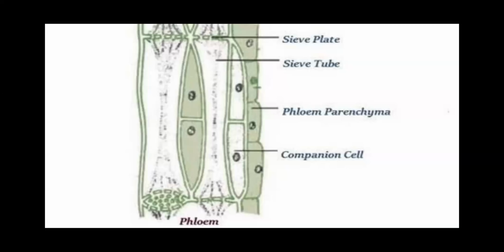Sometimes the food that is stored in the root region has to come up towards the emerging leaves in certain seasons. So phloem is the one that permits transportation of food or materials from leaves to the root region and even from root region to the leaves region. The bidirectional movement can be seen through this phloem tissue.